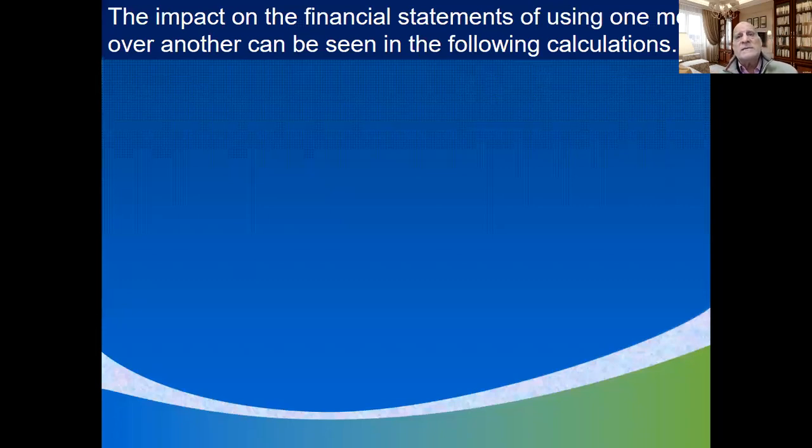The impact on the financial statements of using one method over another can be seen in the following calculations.